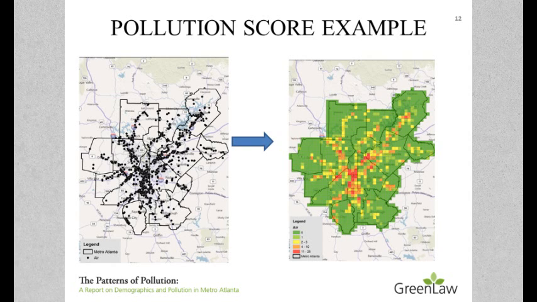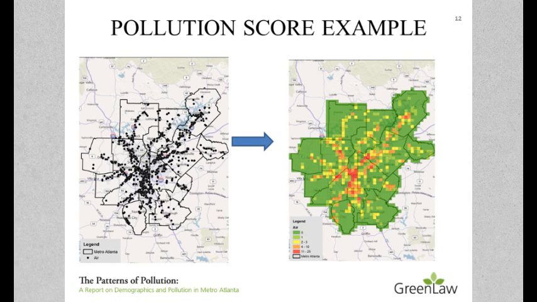In the first step, we took these points, and within the GIS software, we overlaid our study grid on top and had the software sum up the number of points within each 10 square kilometer block. The green and red color-coded map on the right shows the total number of air emission facilities within each block.